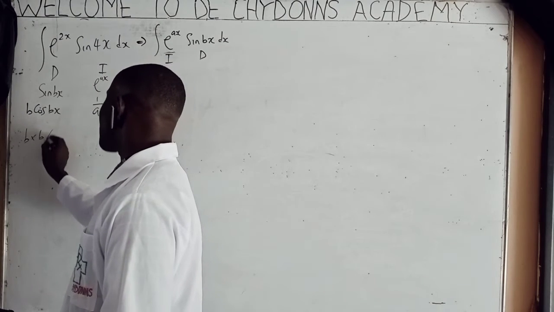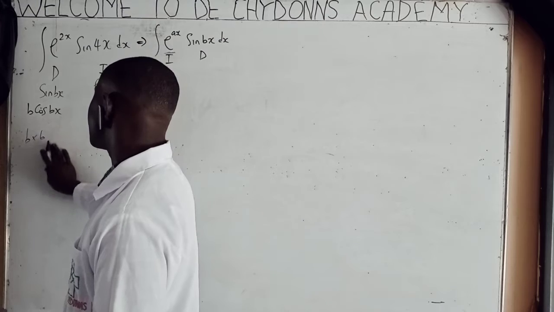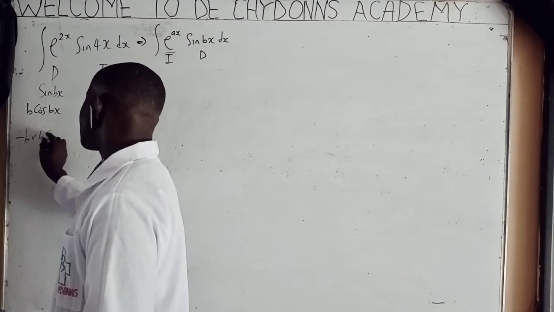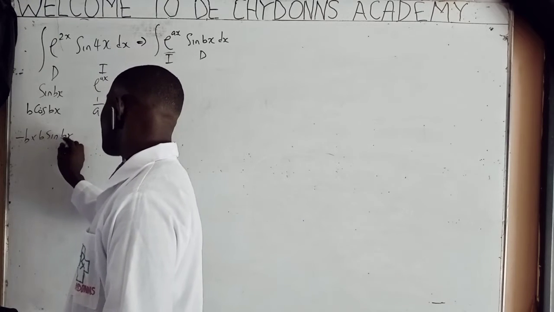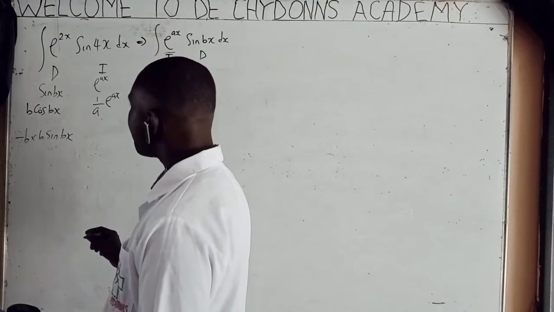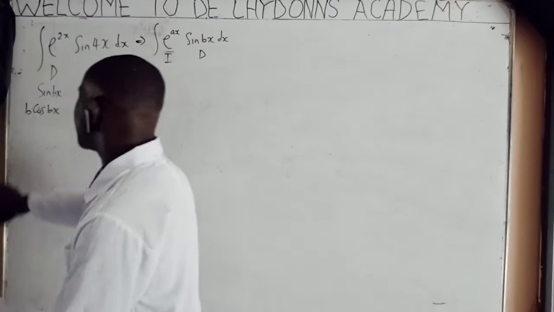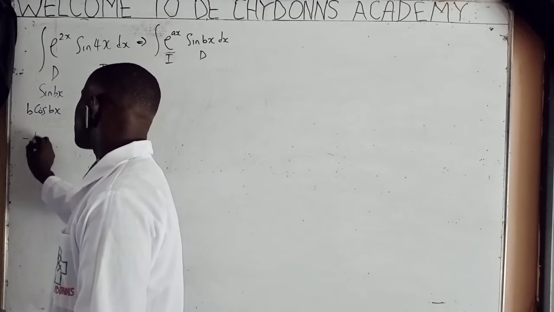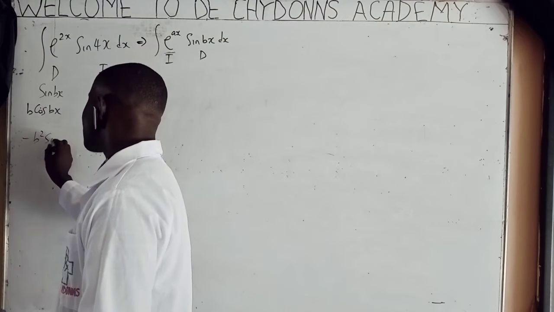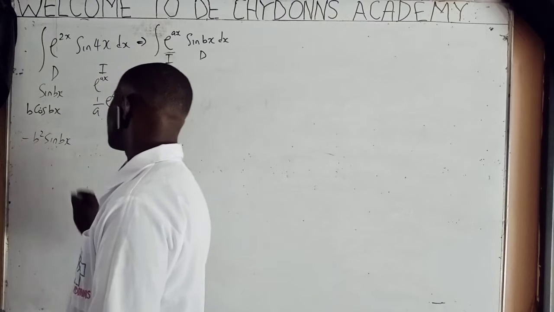Differentiate cos, you say is minus sine bx. Okay? That will be giving you b times b, which is b squared. We say minus b squared sine bx.